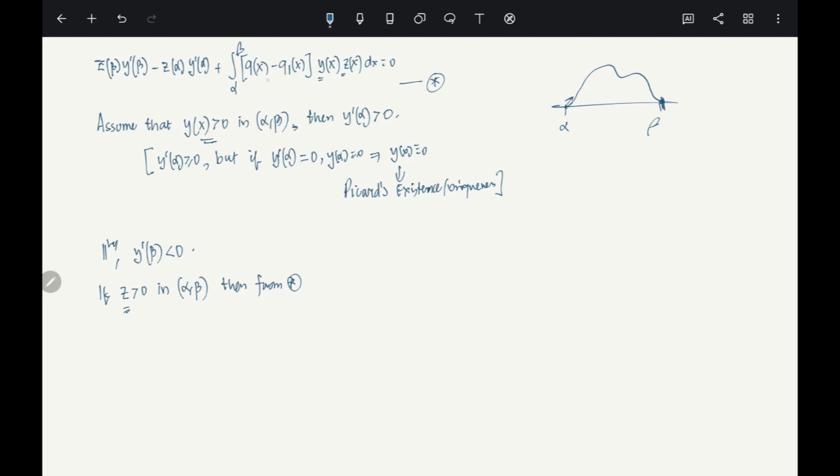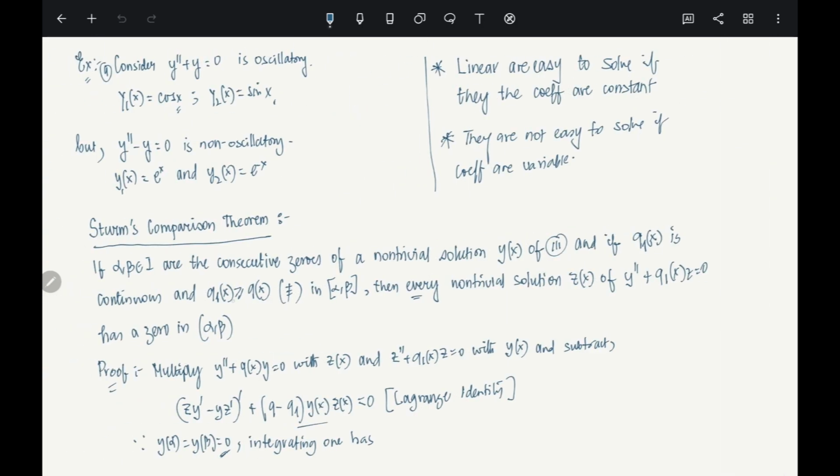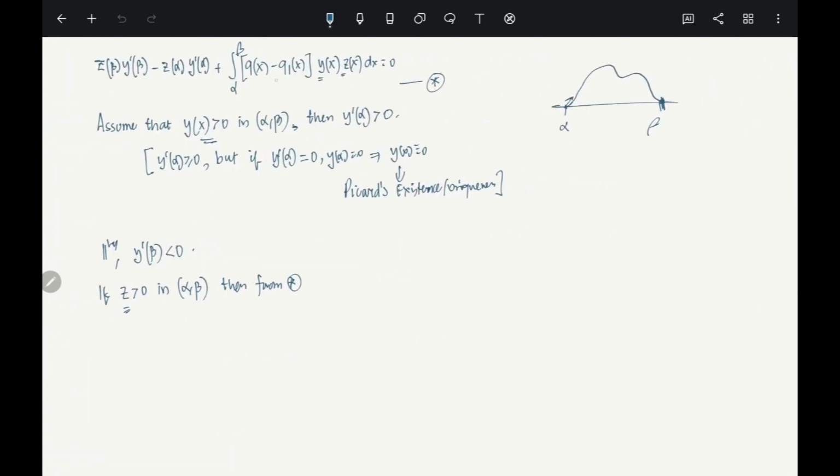Is this okay? See, q1 is greater than or equal to q. That's what is given to us, right? So what does it mean? It means that the integral from alpha to beta of q of x minus q1 of x, y of x, z of x should be y prime at the point alpha, z at the point alpha minus z at the point beta, y prime at the point beta.